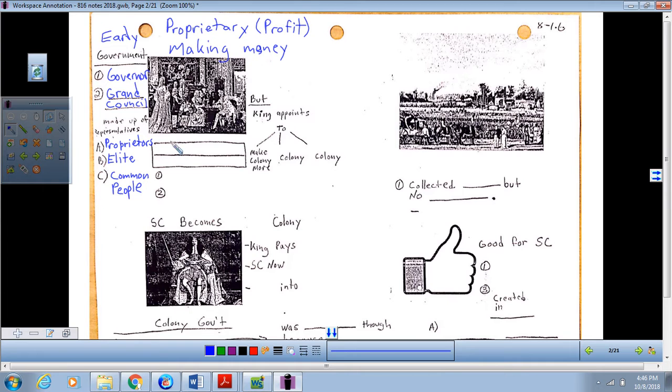So basically, over a period of time, the proprietors eventually became angry at the colonists, and the colonists, those who received the land and paid quitrent to the proprietors, became angry at the proprietors.